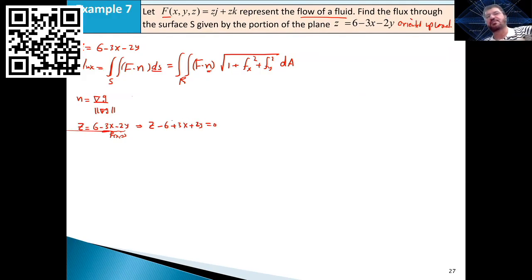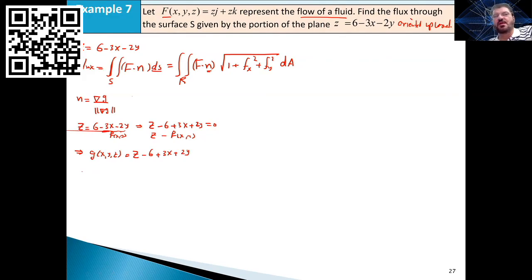I moved everything to the z side. What is this, by the way? This is z minus f of x, y, because it's oriented outwards. So this implies that g of x, y, z, all of this on the left, is z minus 6 plus 3x plus 2y.